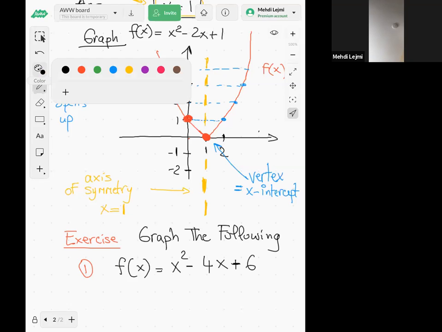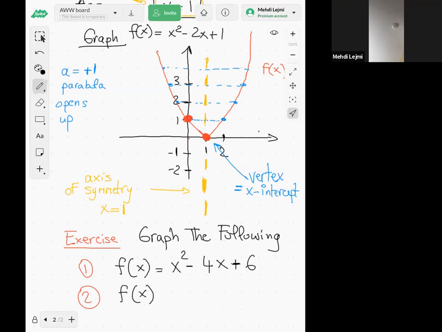And number 2, f of x is let's say minus 2x squared minus 12x plus 3, right?